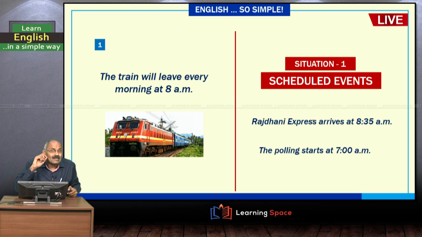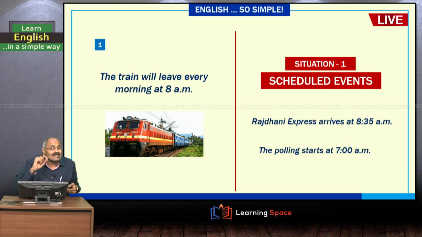Here you see: the train will leave every morning at 8 a.m. So, here we already deliberated scheduled events, newspaper headlines and regular routine events, going for a morning walk; such things go with simple present.